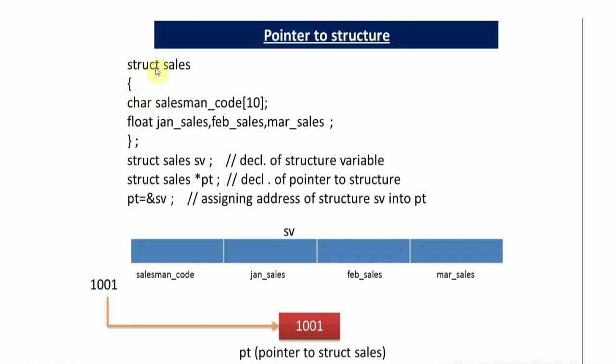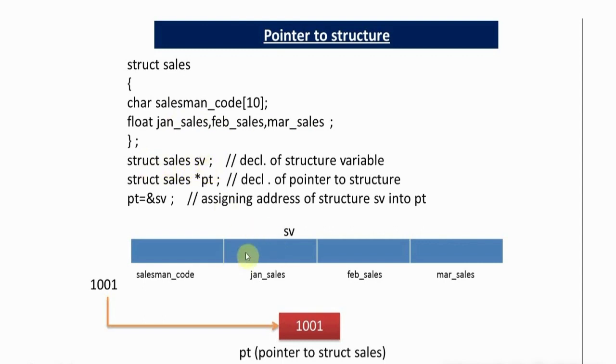For example, suppose this is a structure specification, struct sales is the structure tag. These are the members of the structure: salesman code, January sales, February sales, March sales, so the sales amounts of the salesperson. Then we are declaring a structure variable, struct sales sv.